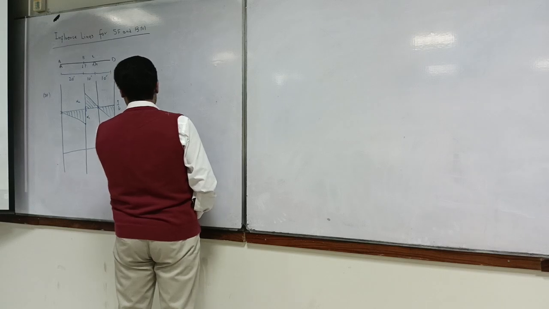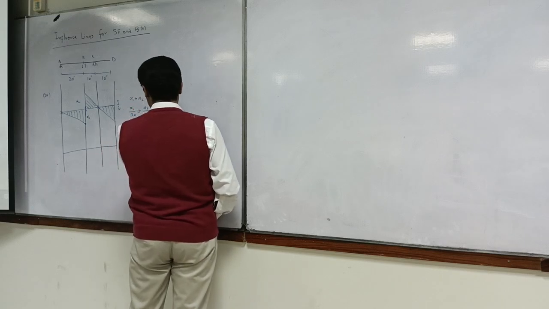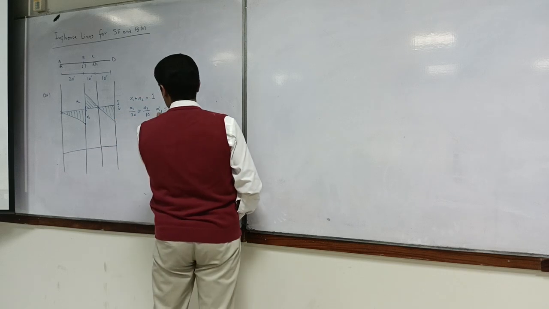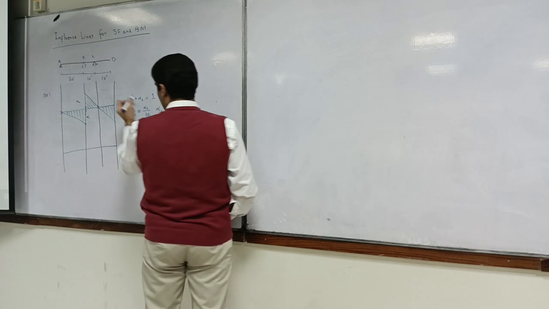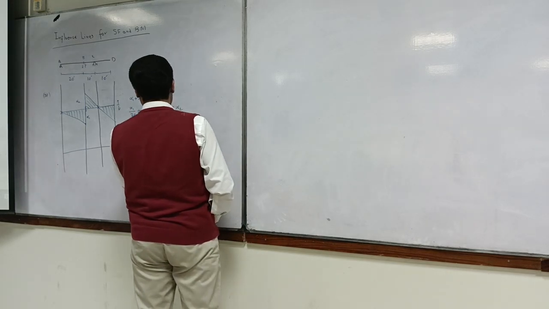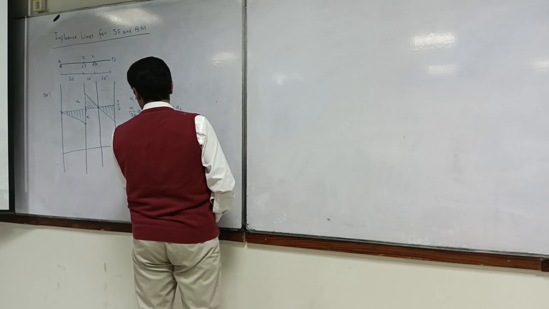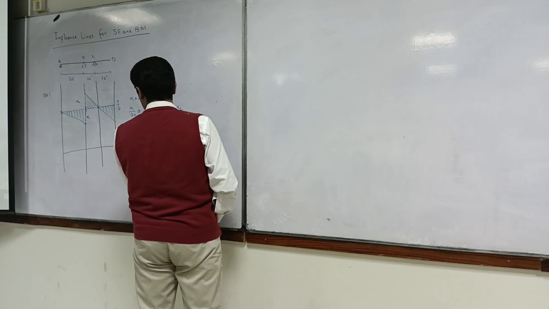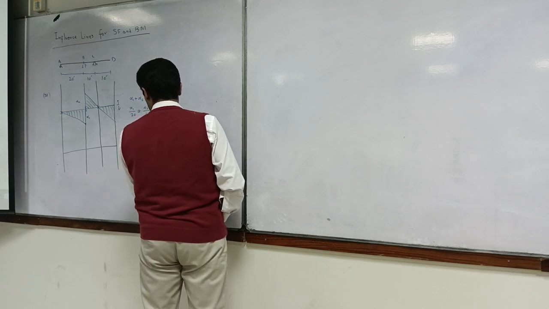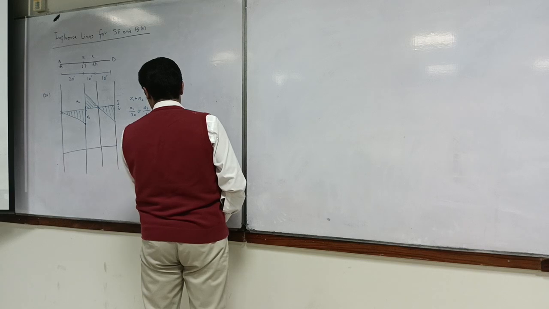So alpha 1 is equal to 2 times alpha 2. Agree? Yes. Plug it back in here: alpha 2 plus alpha 2 is equal to 1. Alpha 2 is equal to 1 over 3. Alpha 1 is equal to 2 over 3.